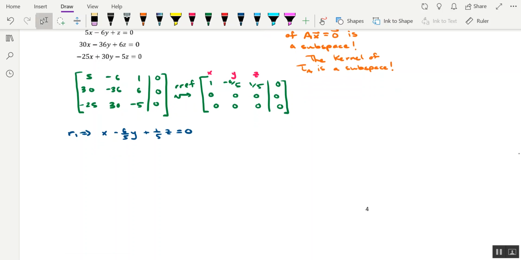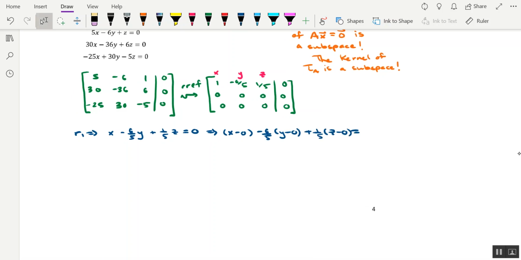Now with the equation this way, I'm going to do a couple of things. This is equivalent to saying that x minus 0 minus 6 fifths times y minus 0 plus 1 fifth times z minus 0 equals 0. This would represent the point normal version or component form of a plane.